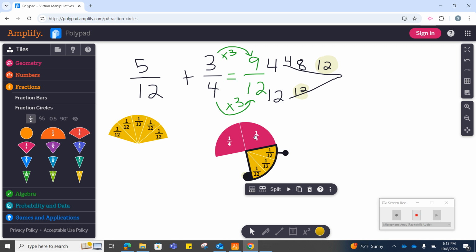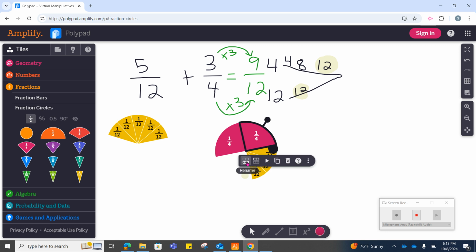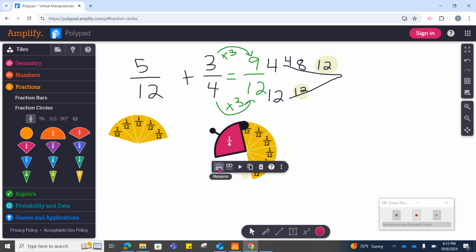So again, that's 1. I'm doing it times 3. This is the second. This is the third. This is the first. This is the second. This is the third. So you can see that 3/4 is the same as 9/12.